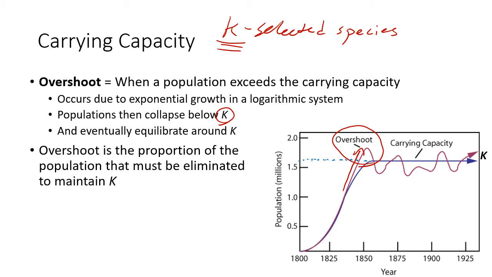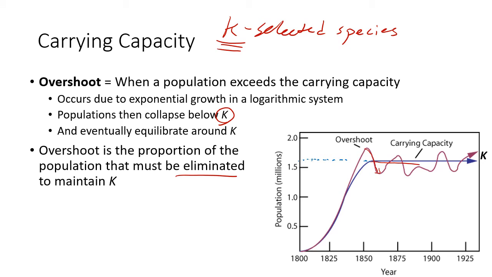So that exponential growth has a little too much momentum, and they just breed too much and overshoot that carrying capacity. That excess number of individuals, that overshoot, has to be eliminated from the population for us to get back to carrying capacity. We tend not to eliminate them in one fell swoop, right to carrying capacity, but rather to a level a little bit below it.